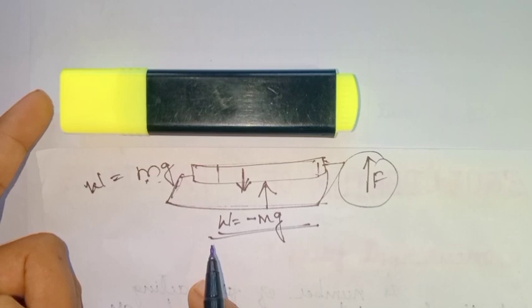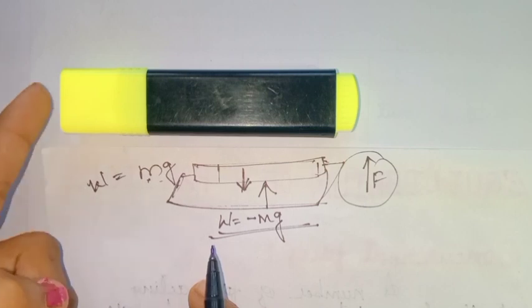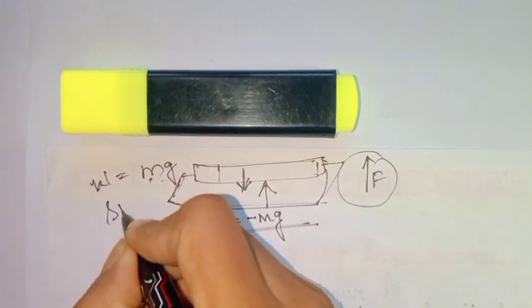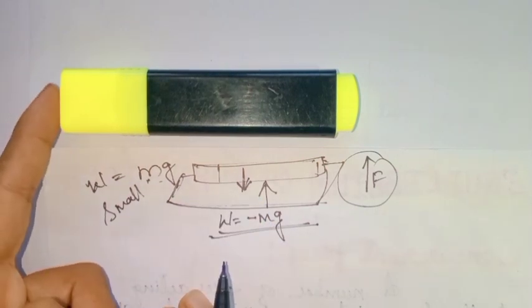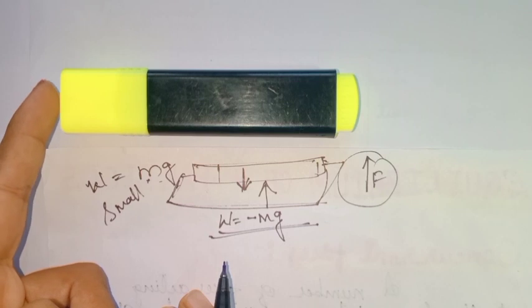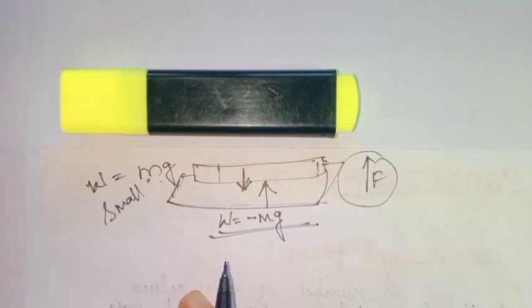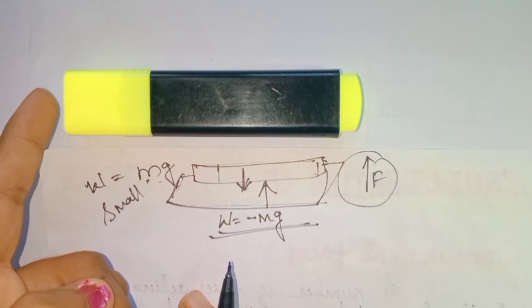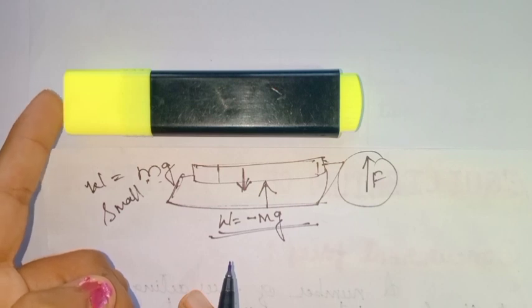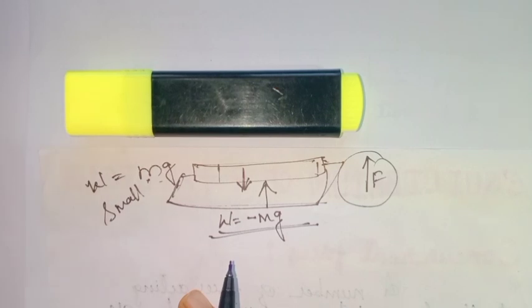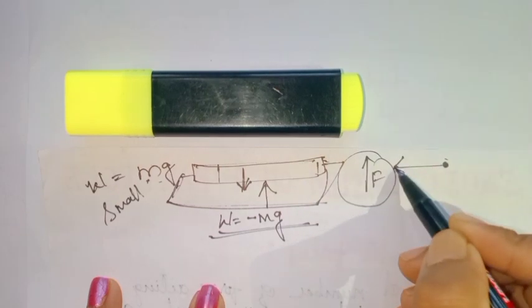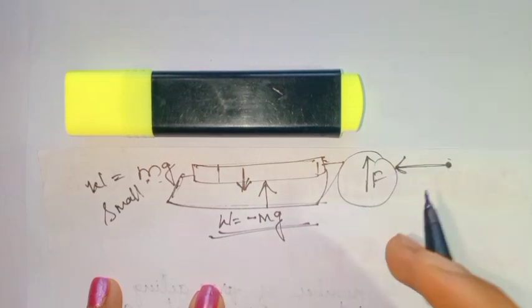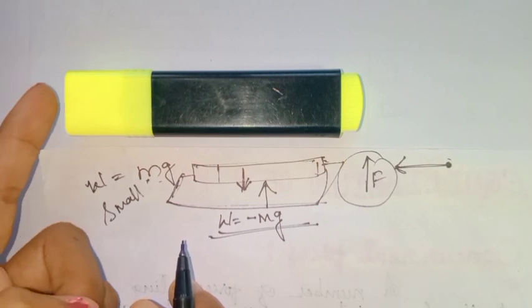We know from our experience that a small force is not enough to move a body. If you apply a very small force, will the body move? No. Once a small force is applied, will this object move? No, this object is not moving. Then what is the reason? That is because there is another force horizontally in the opposite direction, which is opposing the applied force.